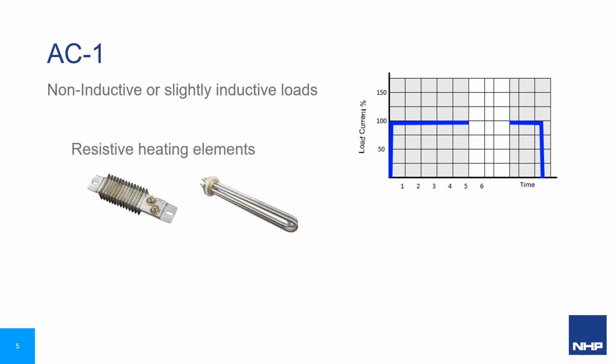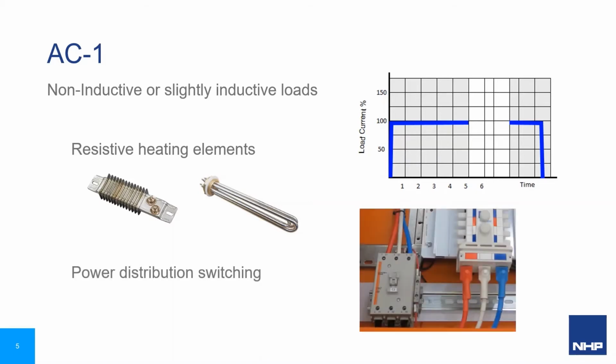Resistive heating elements are, for example, used in water heaters, industrial ovens, and air conditioning plants. The AC1 rating can also be used in power distribution for load shedding applications, as normal switching is of mixed load types with the power factor in the order of 0.8.